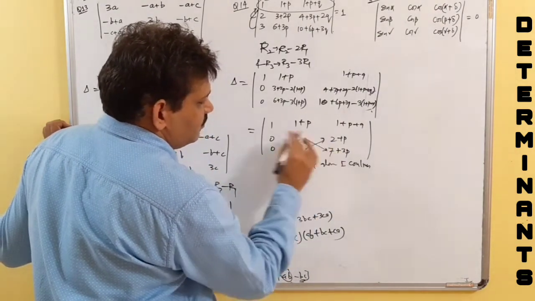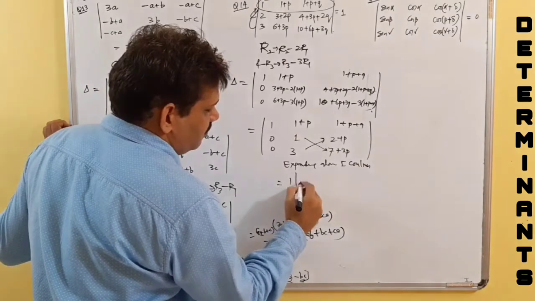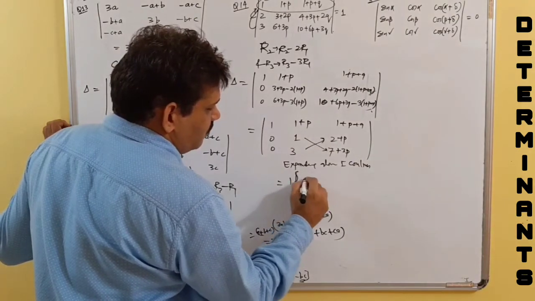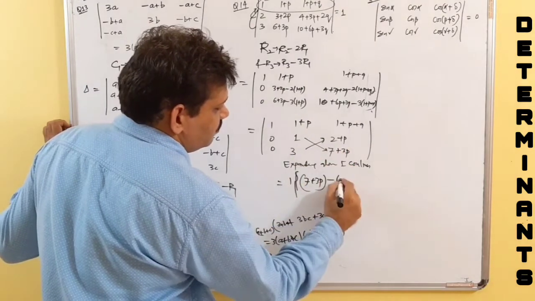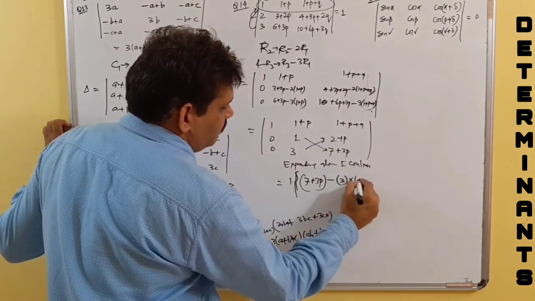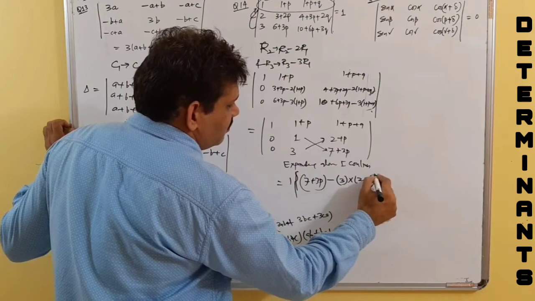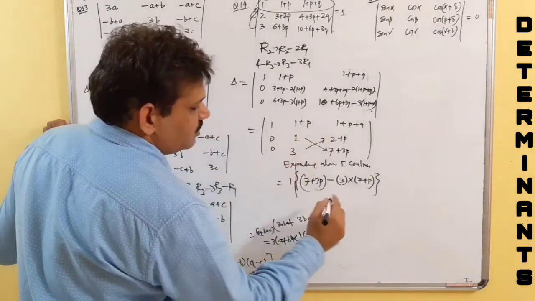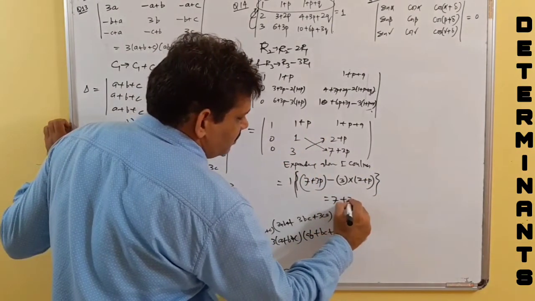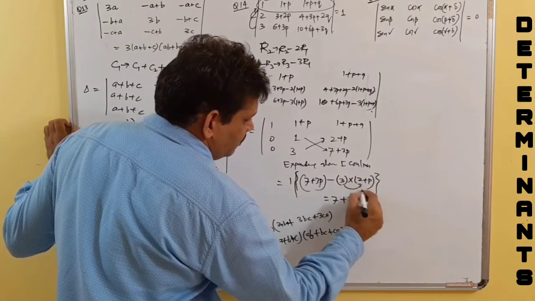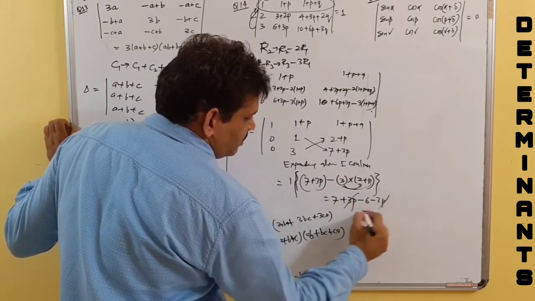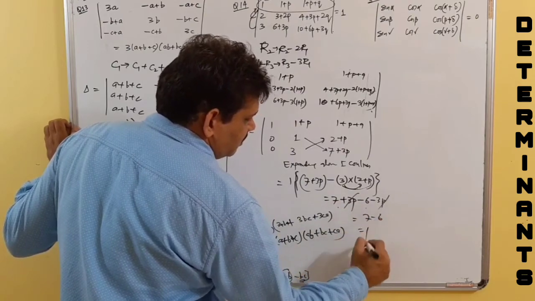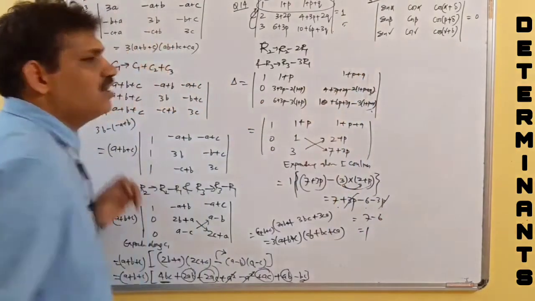This into this minus this. 1 times of 7 plus 3P minus 3 into 2 plus P. Other all terms will be 0. So this is 7 plus 3P minus 3 to the 6 minus 3P. So 3P is cancelled. 7 minus 6 is nothing but 1. So 1 is the answer.